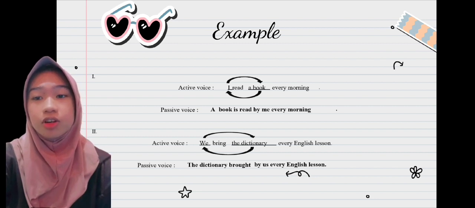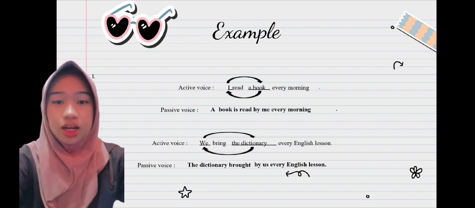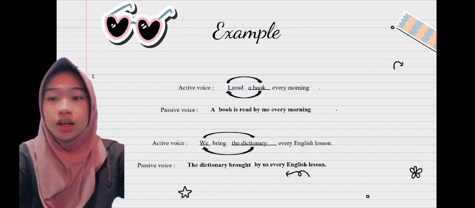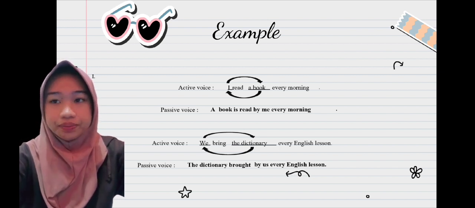The passive voice is: a book is read by me every morning. Another example, in the active voice: we bring the dictionary every English lesson. And the passive voice is: the dictionary is brought by us every English lesson.